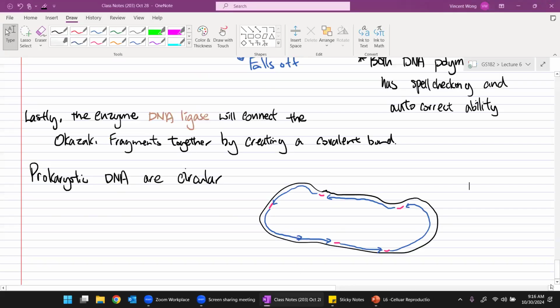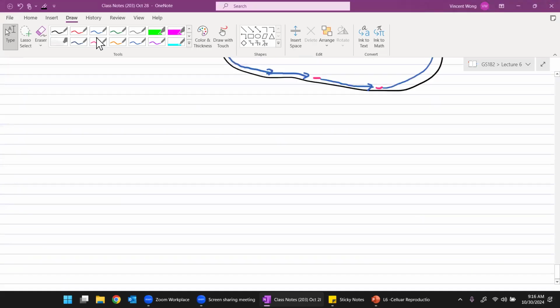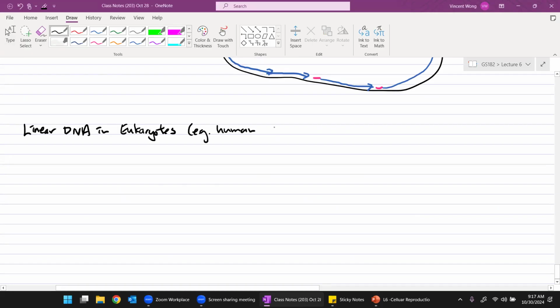All right, back to our notes here, just briefly. We're going to have linear DNA in eukaryotes. Okay? E.g. humans. Human cells.